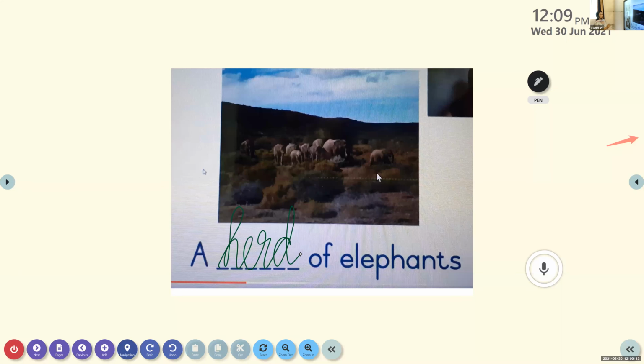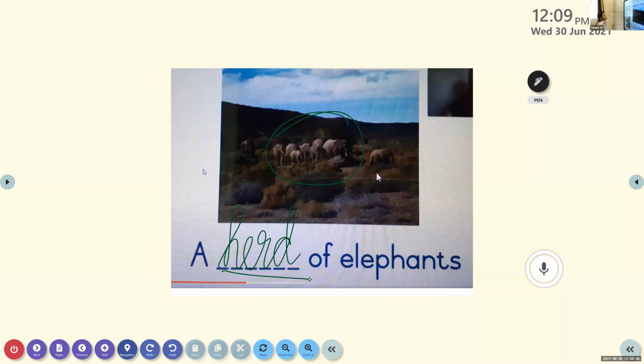Okay, so we can see a group of elephants here. A group of elephants is considered as one unit, a single unit, one whole. So the collective noun used for a group of elephants is herd of elephants. Clear? Herd, H-E-R-D. It is herd of elephants.